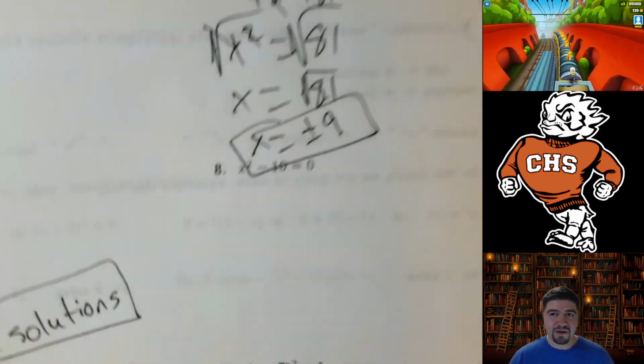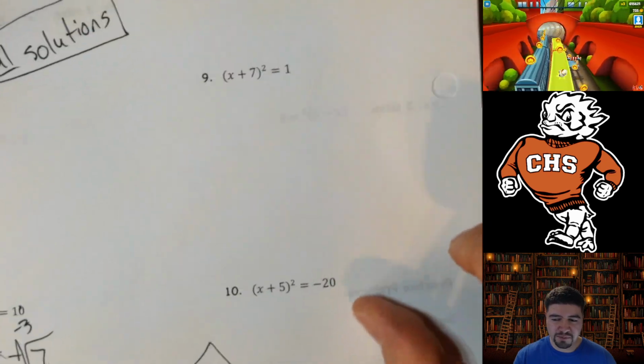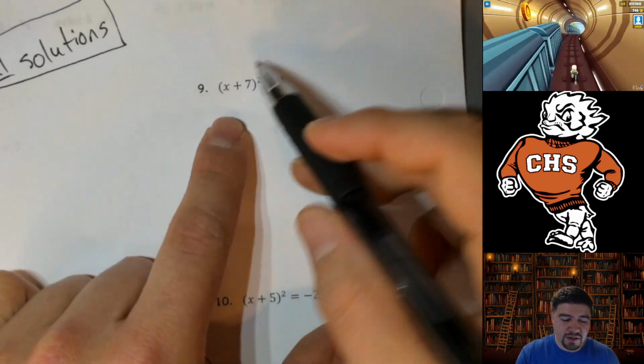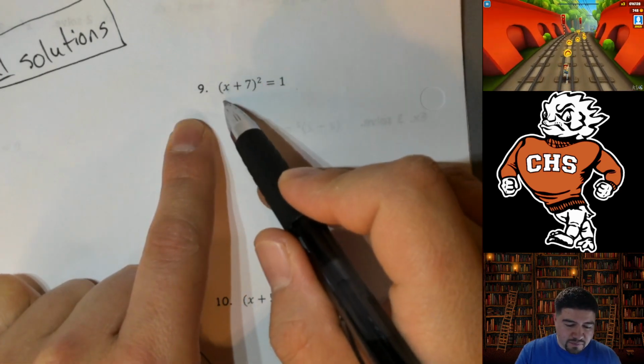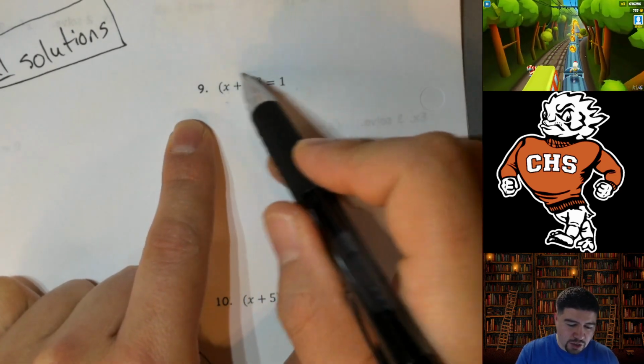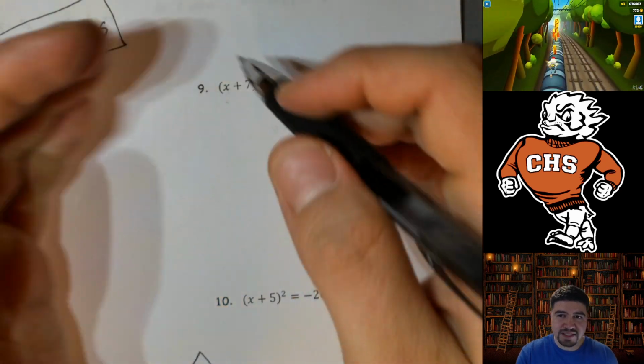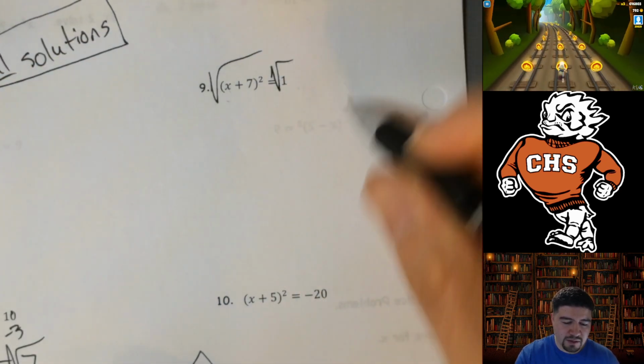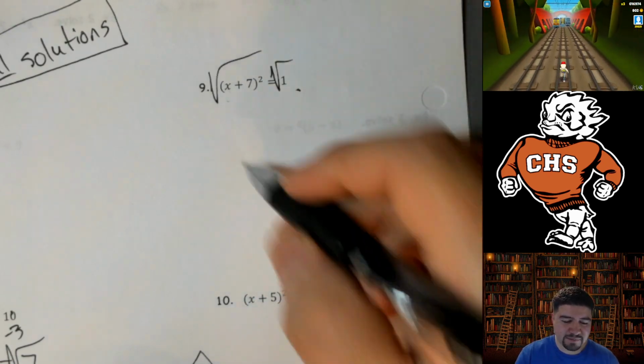Moving on to the very last odd number problem here, we have (x plus 7) squared equals 1. So again, we have one term that's being squared since it's in those parentheses right there. So I can just go ahead and start off by taking the square root of both sides.